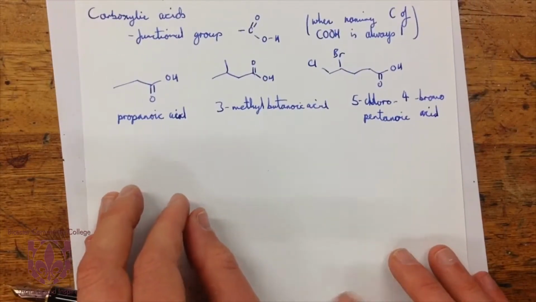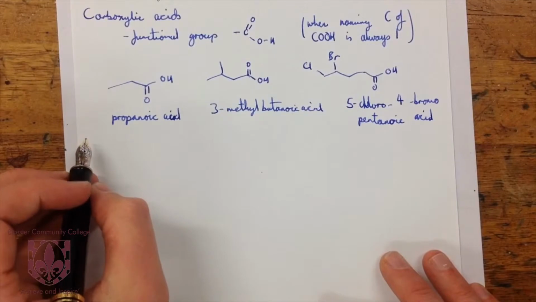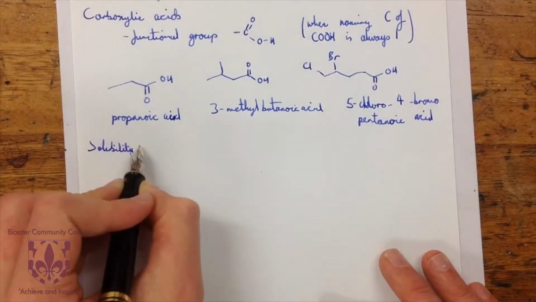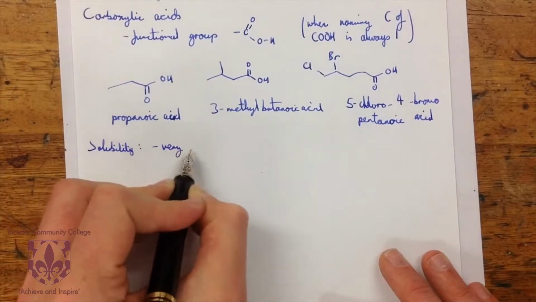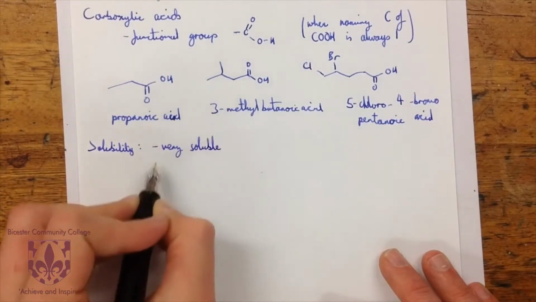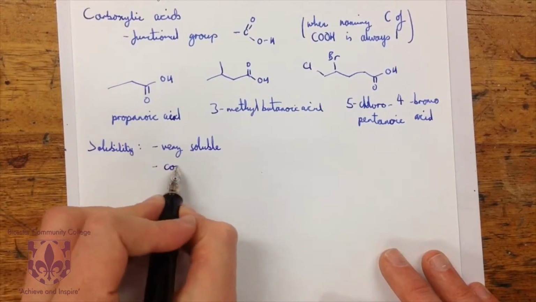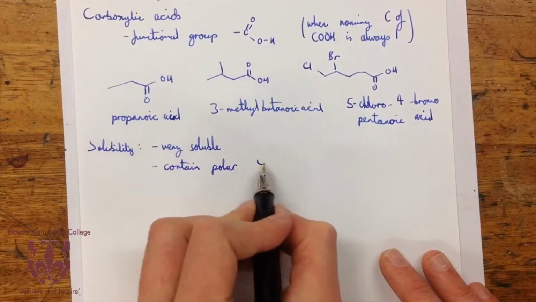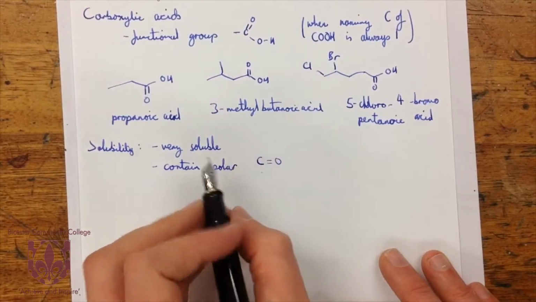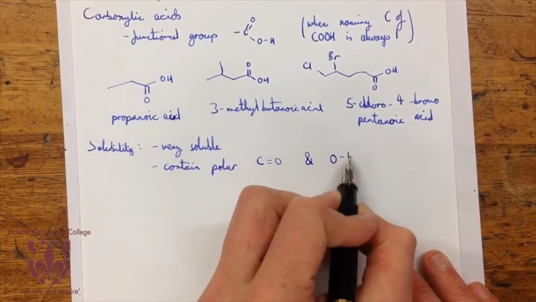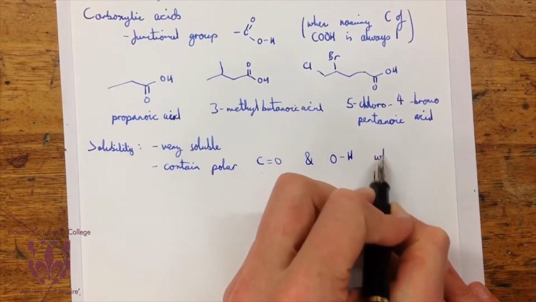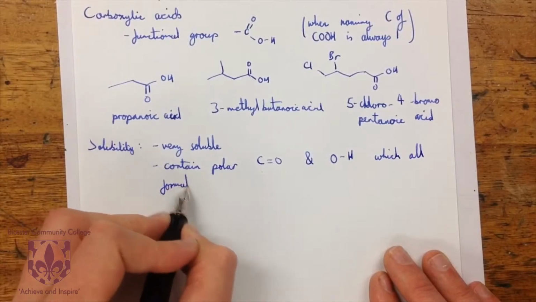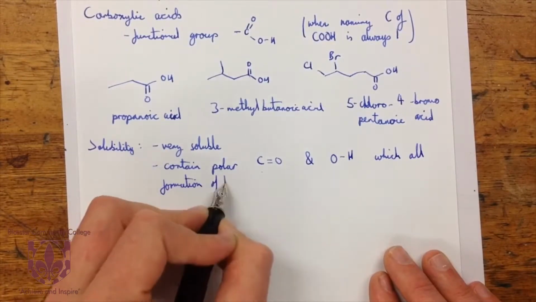Okay. So solubility. Carboxylic acids are very soluble, and this is because they contain polar C=O and OH, which allow formation of hydrogen bonds.